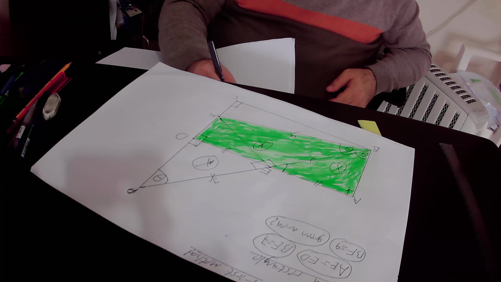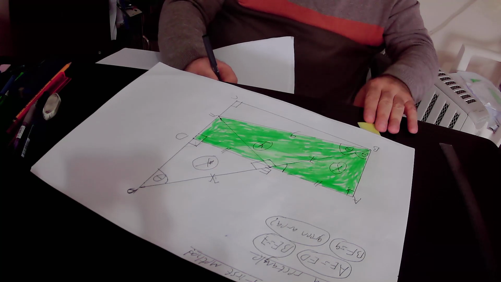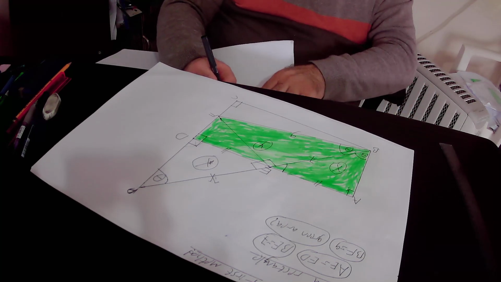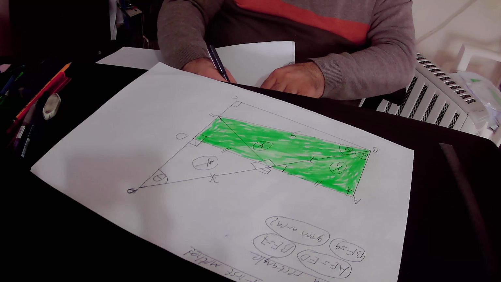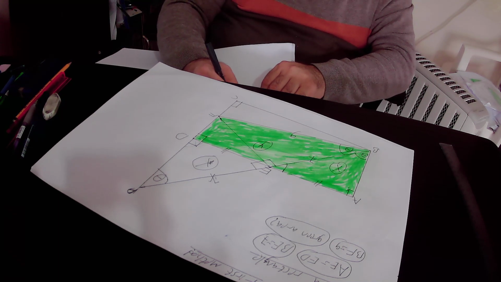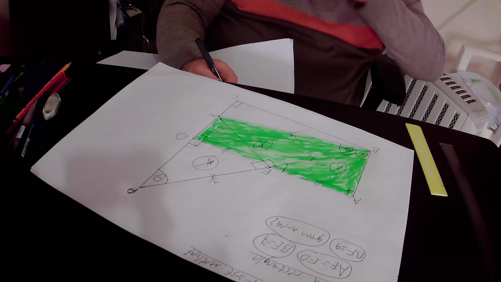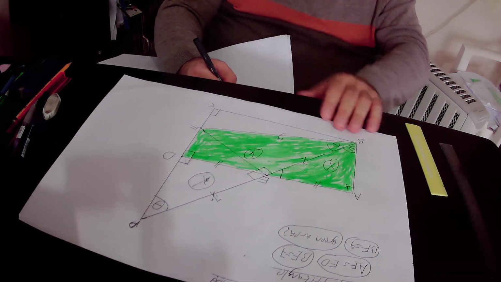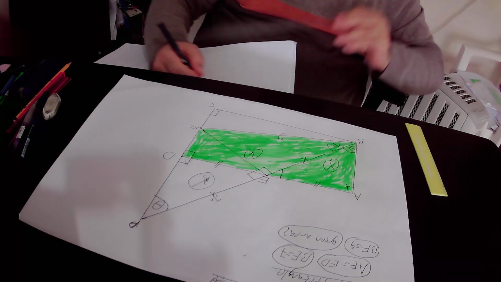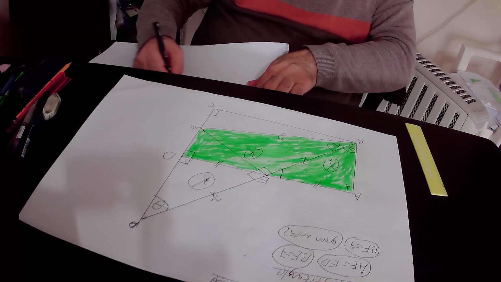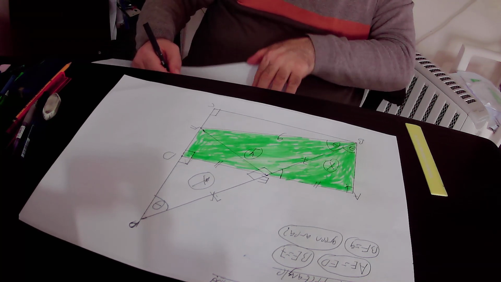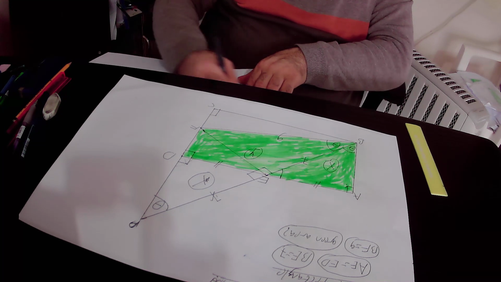So in triangle EBF, according to Pythagoras theorem, the square of the hypotenuse equals the sum of the squares of the perpendiculars. Actually you can see it clearly on the drawing.